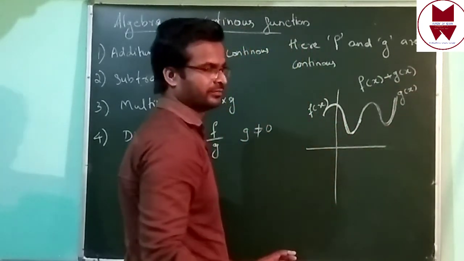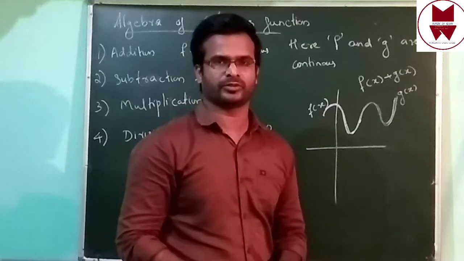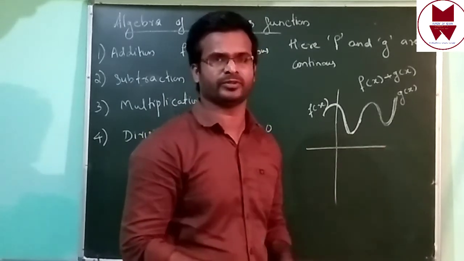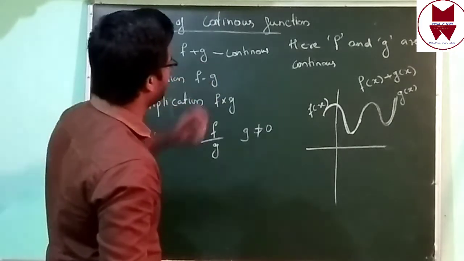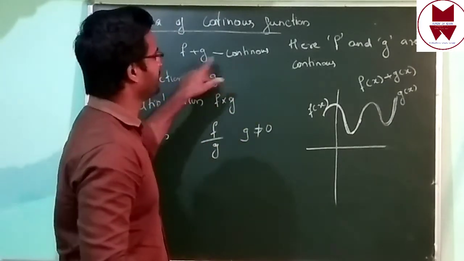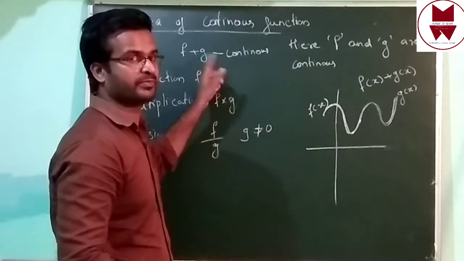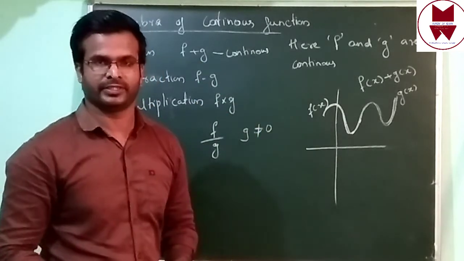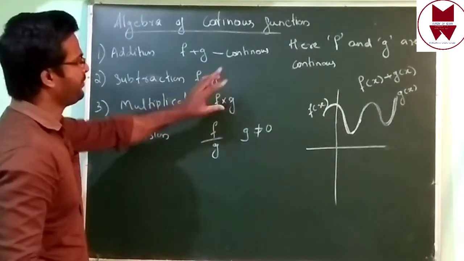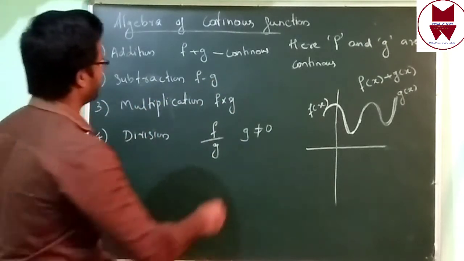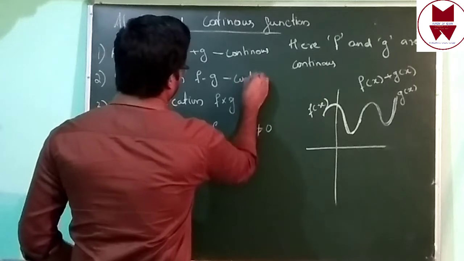Is this function continuous or not? Sure, this function is continuous only, isn't it? That means if you add two continuous functions, you will get another continuous function only. F plus g will be one continuous function. Then the same way, subtraction, f minus g, is also continuous.